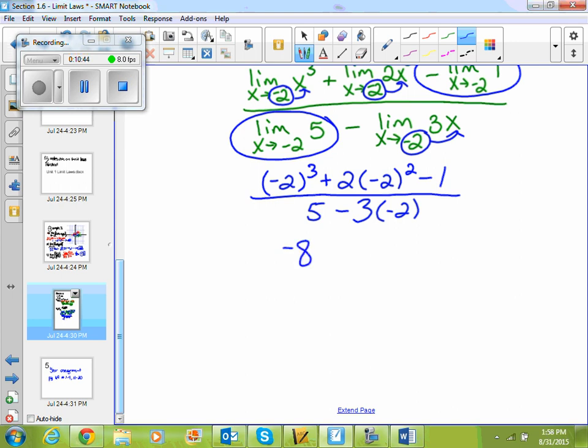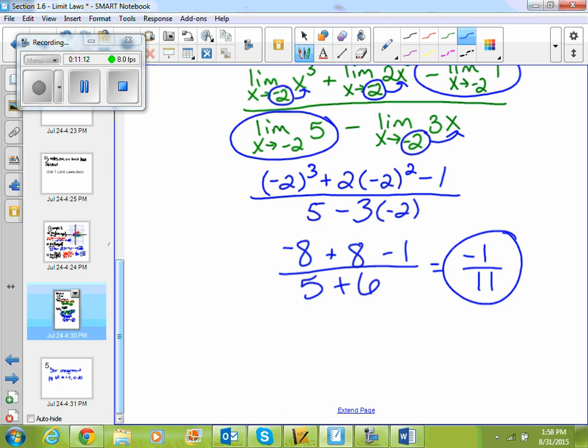Negative 8. Okay, and negative 2 squared is 4. 4 times 2 is 8. So I get plus 8 minus 1. And negative 3 times negative 2 is 6. So what's negative 8 plus 8 minus 1? Negative 1. And 5 plus 6 is 11. So my limit would be negative 1 over 11.